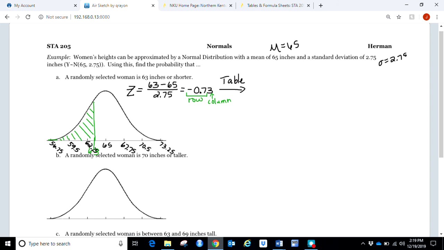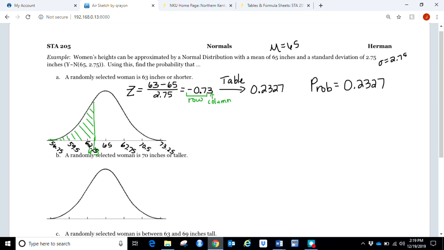So from that table I found 0.2327. And again then, since my table is shaded left and my picture is shaded left, this is actually going to be the answer to my probability, because it was a match. Table was shaded left, my picture was shaded left.